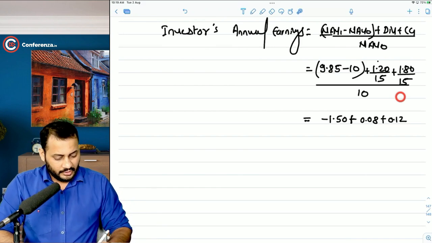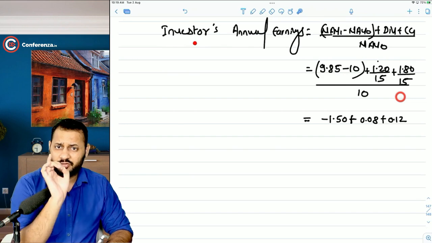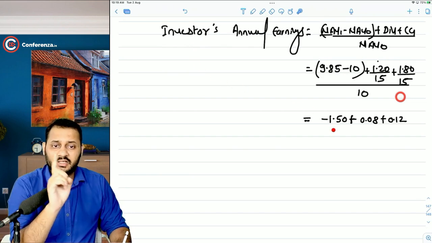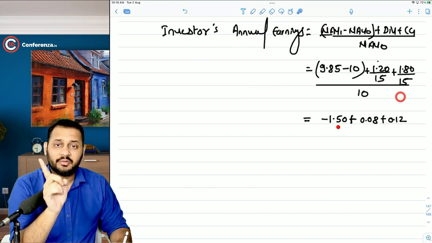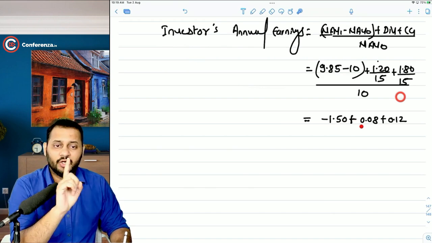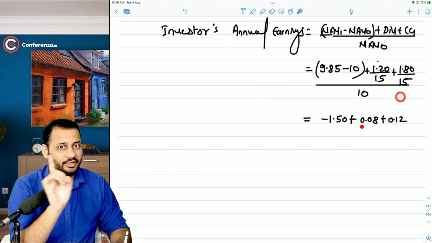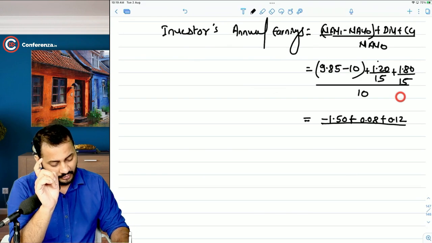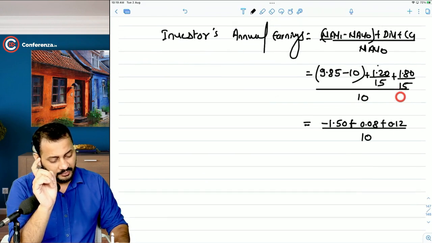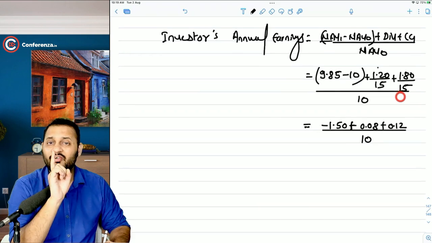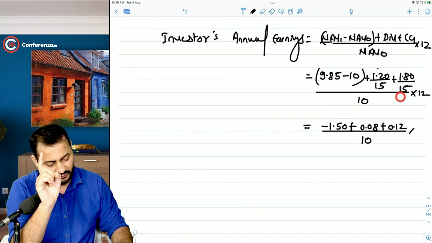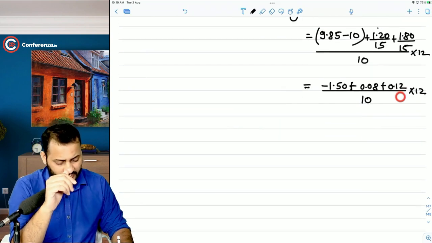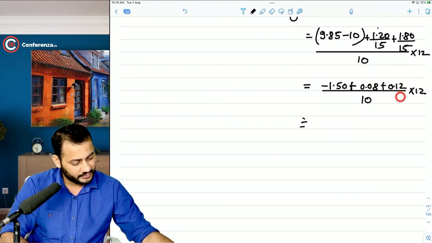See, every investor out of 15 lakh received a capital depreciation of 1.50, 0.08 rupees per unit of dividend, and 0.12 rupees per unit of capital gain on his investment of 10. But this entire earning is only for 1 month. So what you have to do is multiply it by 12. 12 divided by 1. So this is going to be your final answer.